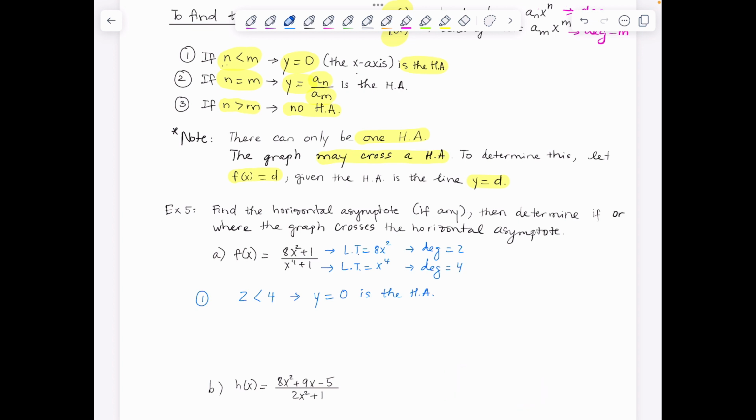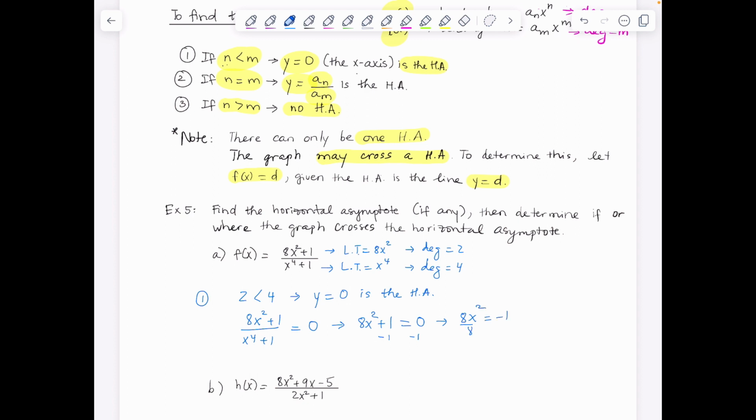Now, to determine if the graph crosses the horizontal asymptote, we would let the function 8x squared plus 1 over x to the 4th plus 1 be 0. The only time that a fraction can be 0 is where the numerator is 0. So 8x squared plus 1 is equal to 0. We are going to solve by subtracting 1 from both sides, so that will give us 8x squared is equal to negative 1.